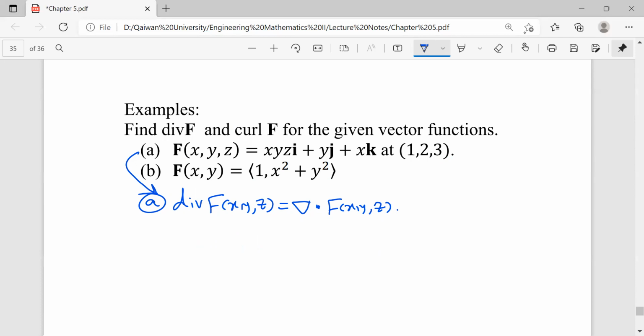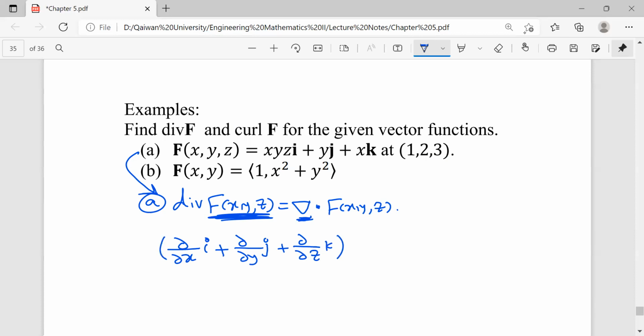As we said before, the del operator in three dimensions is partial by partial x i plus partial by partial y j plus partial by partial z k.